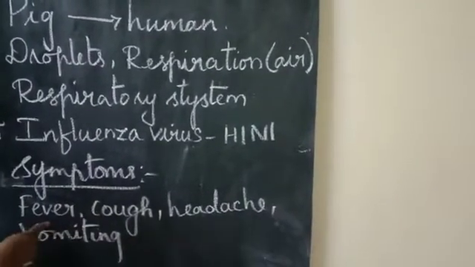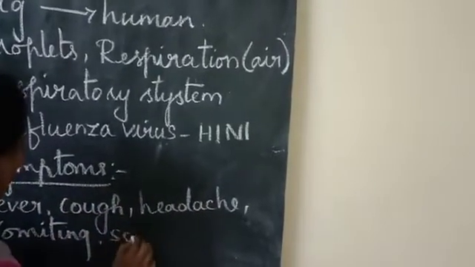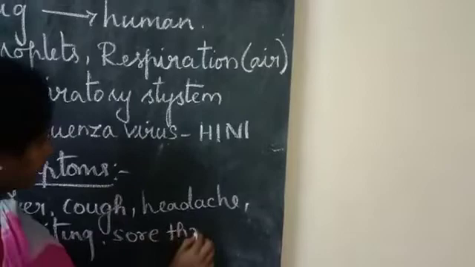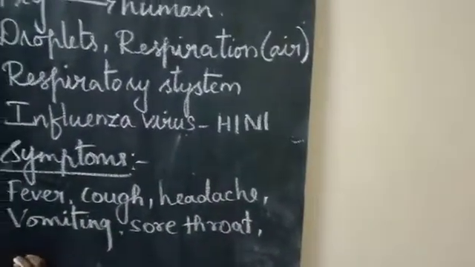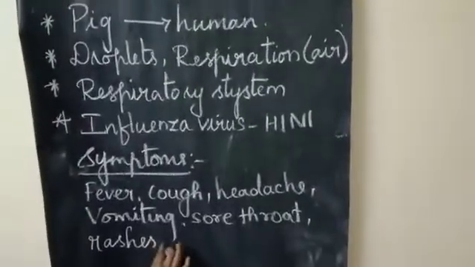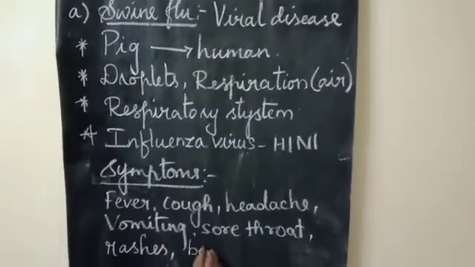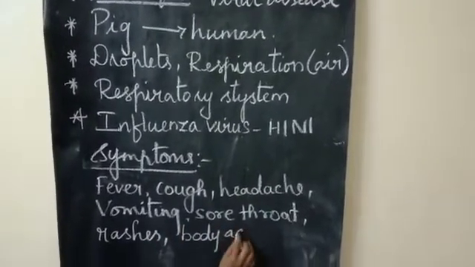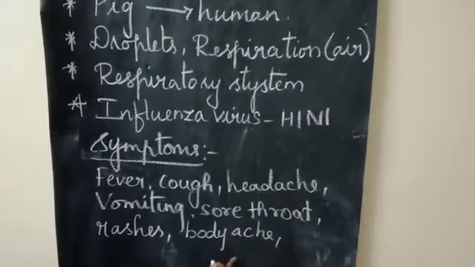So fever, cough, vomiting, sore throat, and then rashes all over the body, and body ache, and then body chillness.